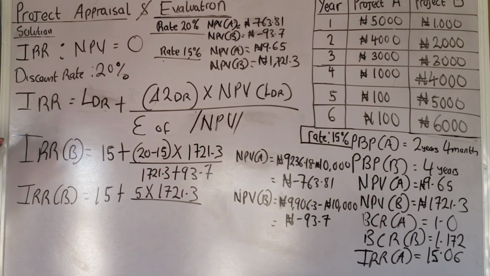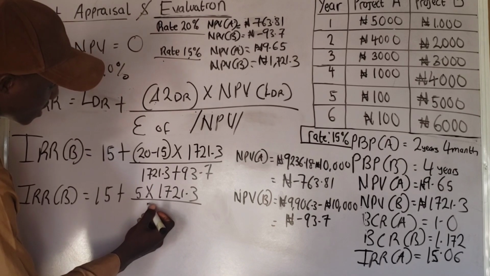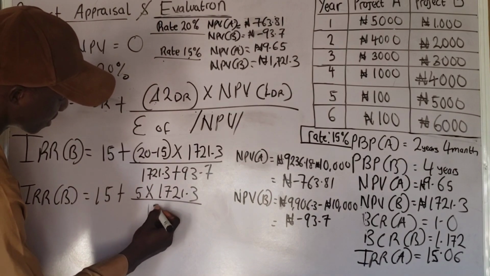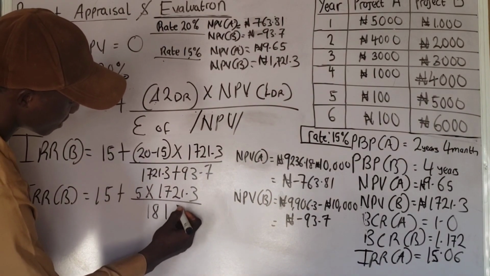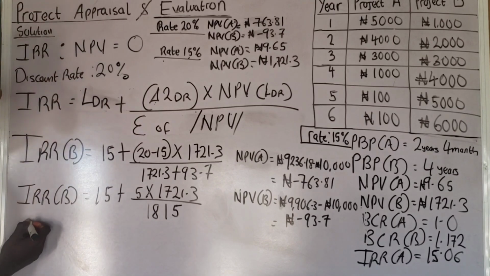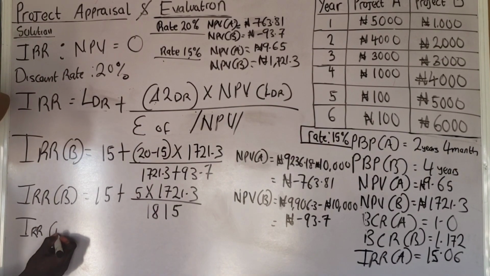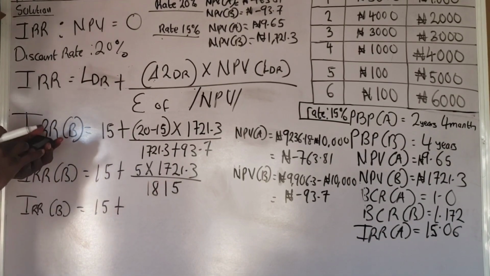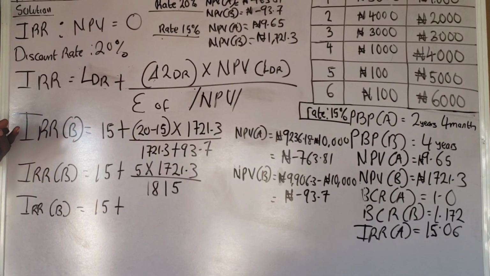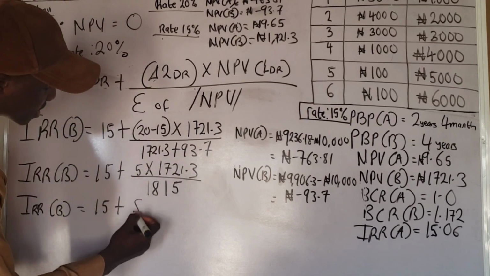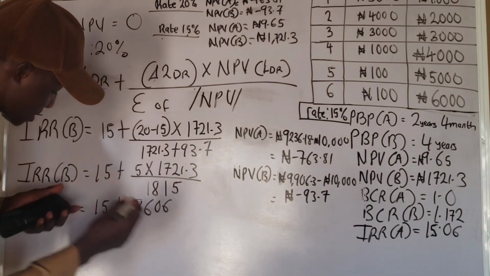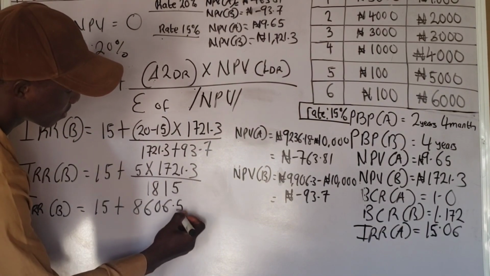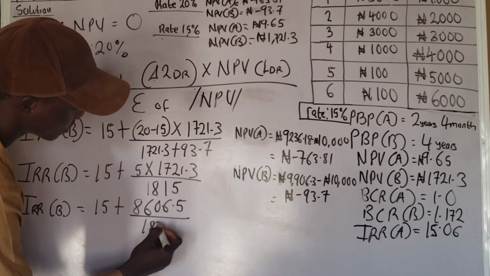That is 1,815. So I'm going to have here 1,815. So the IRR of project B equals 15 plus 5 multiplied by 1,721.3. That is 8,606.5. This all over 1,815.